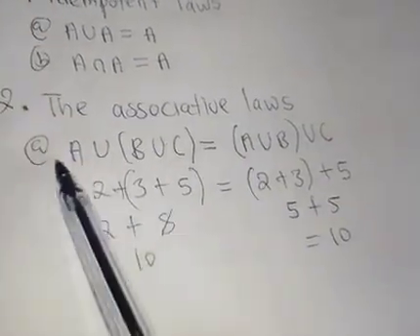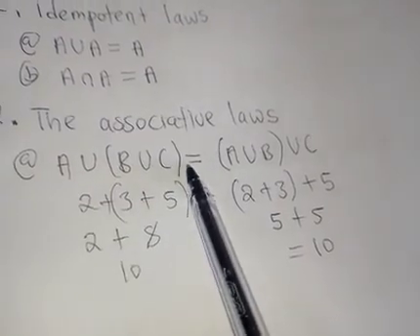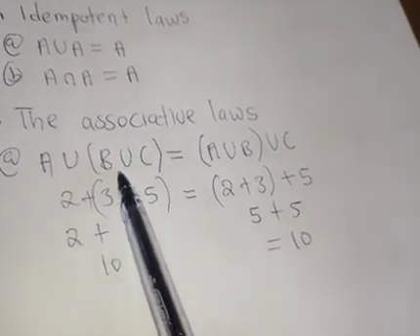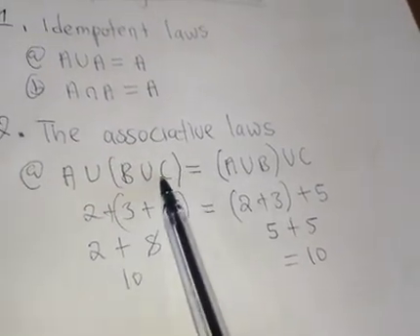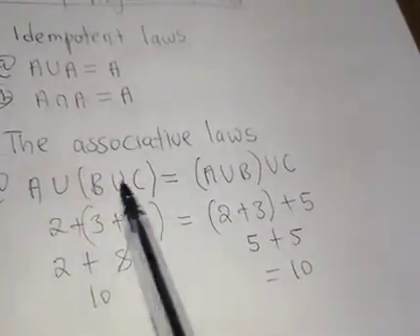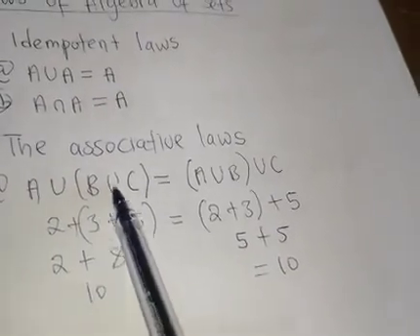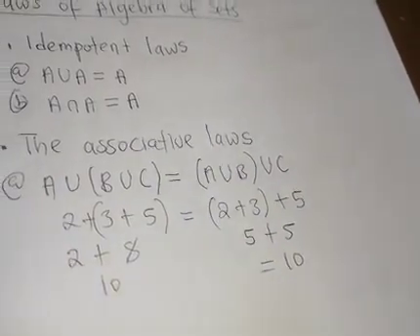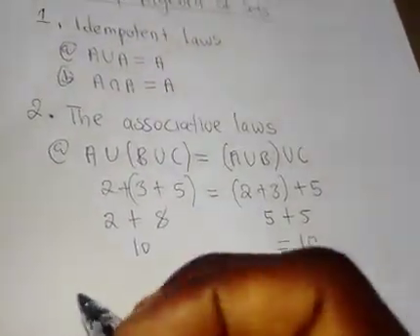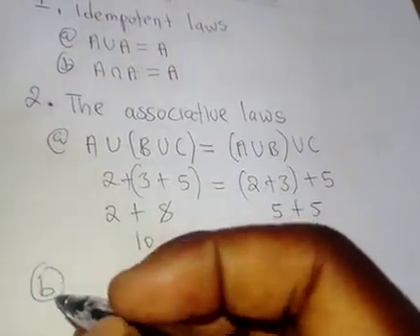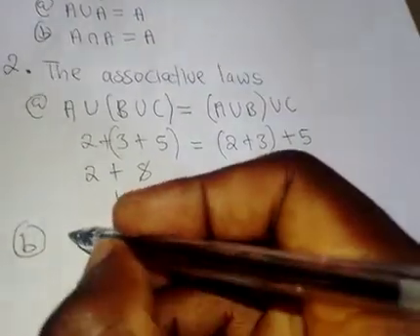So the same applies here. A union B union C: you can first find B union C, then find the union of A and the result. We still get the same answer as starting with A union B, then finding the union of the result and C. So these are called associative laws. Under associative laws, we also have the case with intersections.